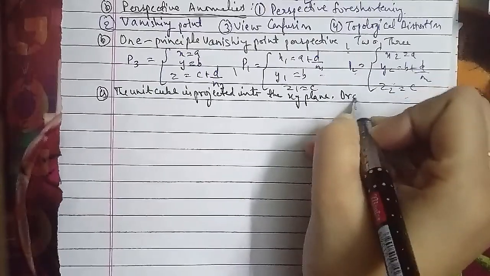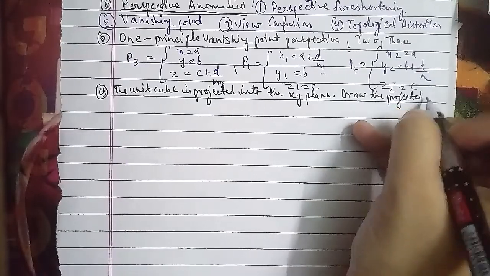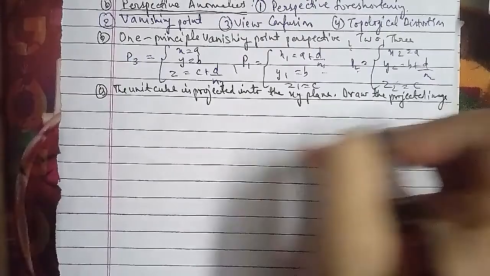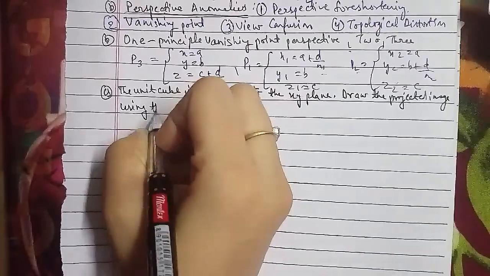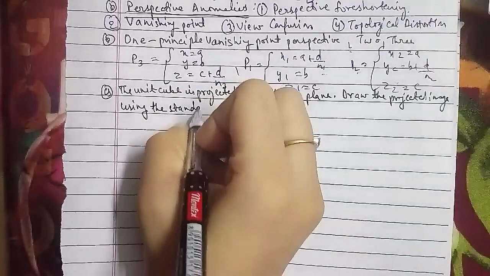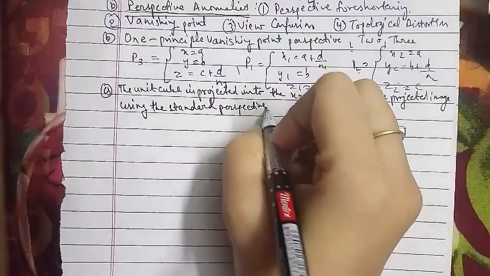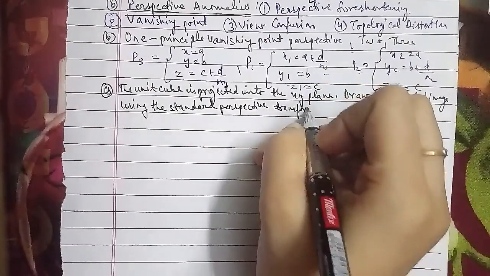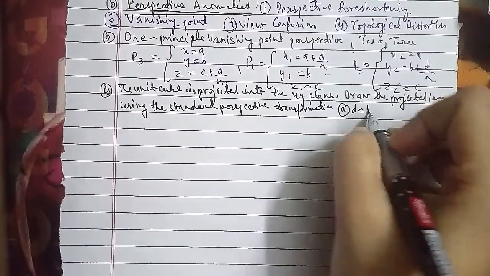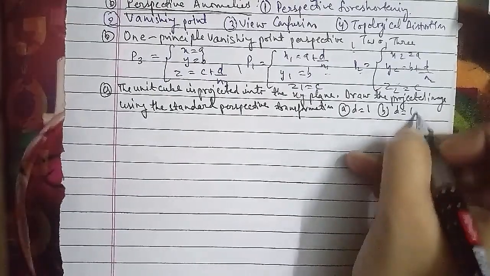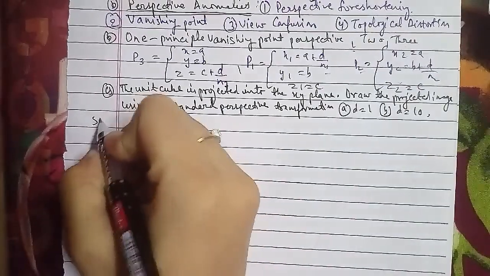Draw the projected image using the standard perspective transformation, where in part a we have d equals 1 and in part b we'll talk about d equals 10, where d is the distance from the view plane. So let's go ahead with the solution of this.